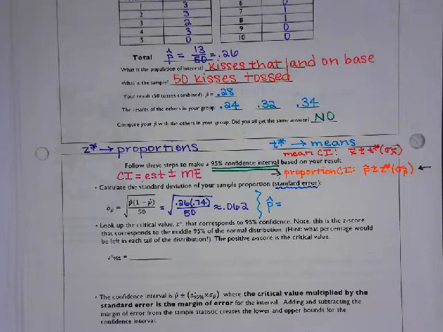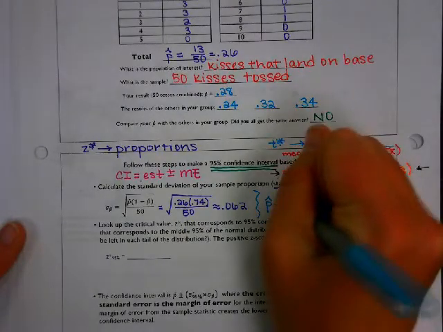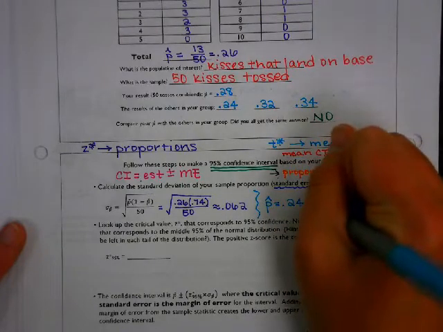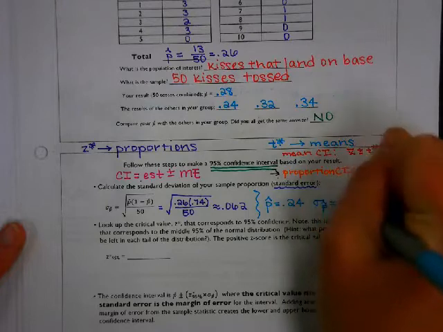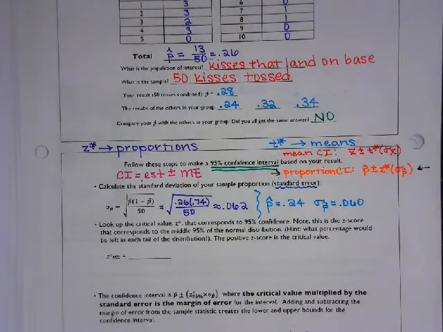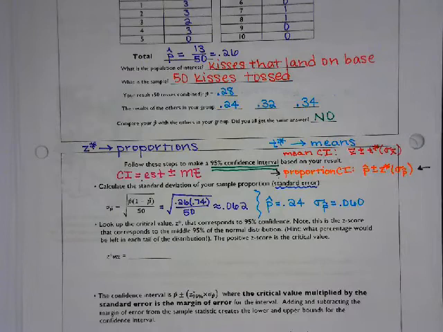And then what did you get for your standard error? 0.060. All right. So you may have something different than me unless you got 0.26 just like me.